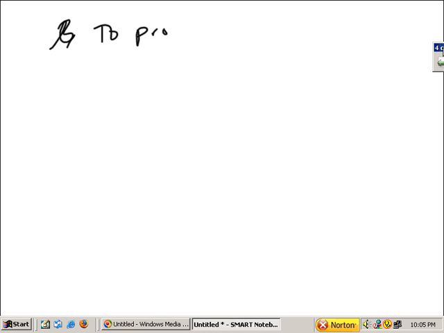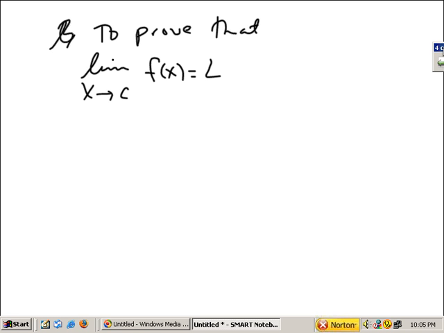So, to prove that the limit as x goes to some number C of this function is that number L, you must show the following. You must find a positive delta. Well, that's not true. Give me one moment.